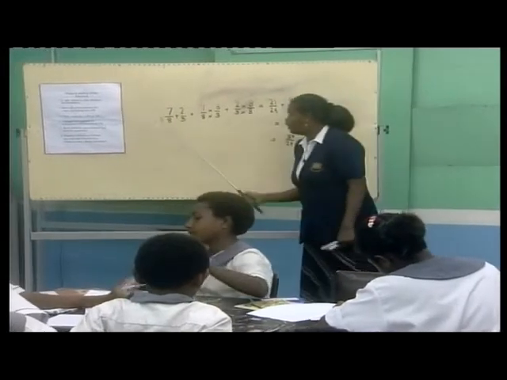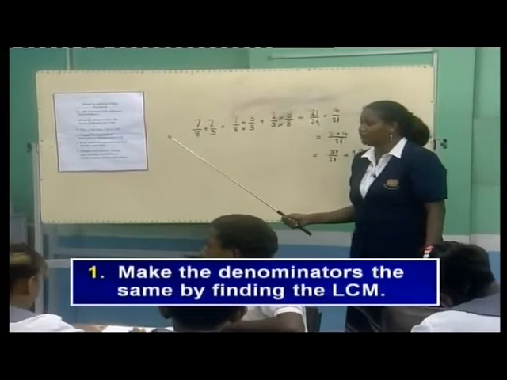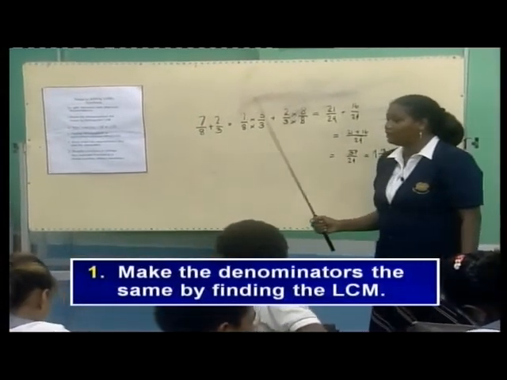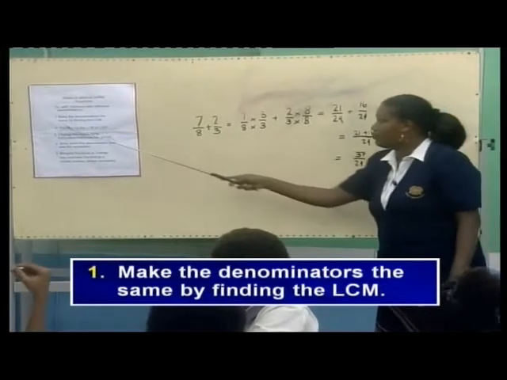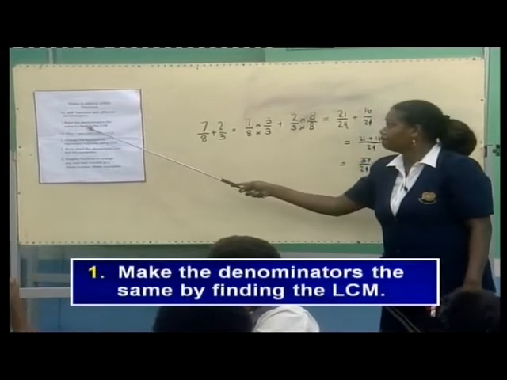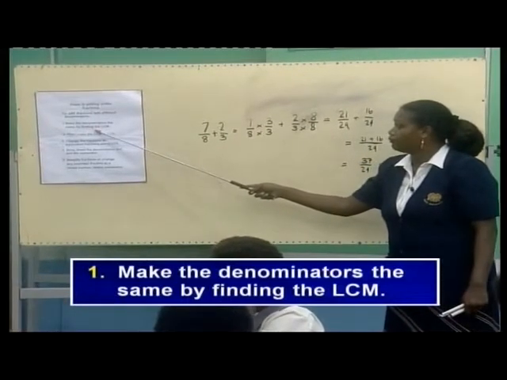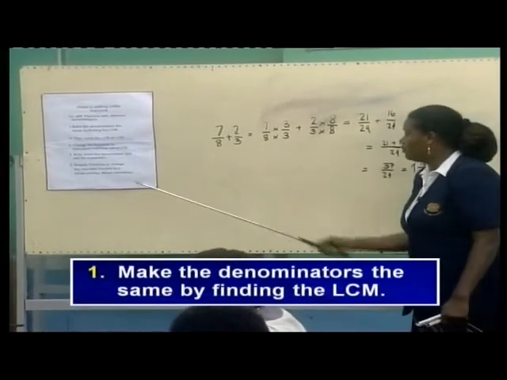The first step, you check the, what are you going to check first? You look at the denominators. Are they the same? So step 1 says, class read. Make the denominators the same by, right, you find the lowest common multiple.